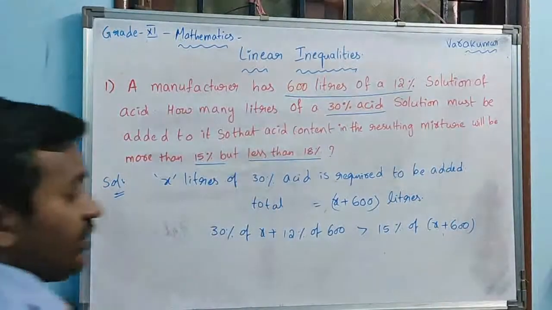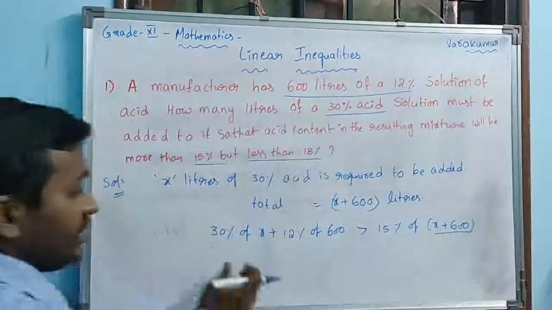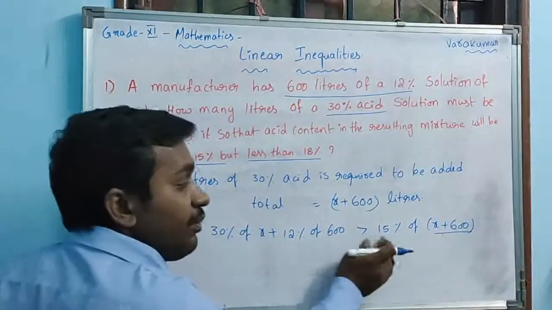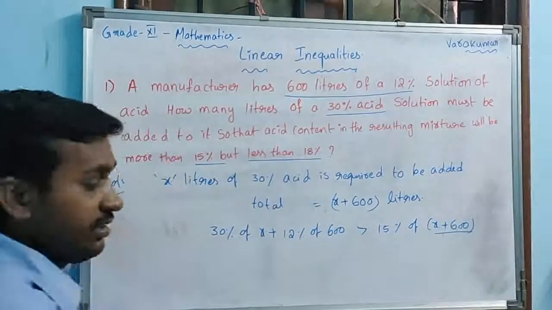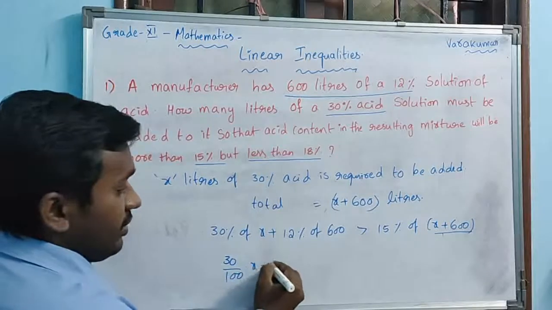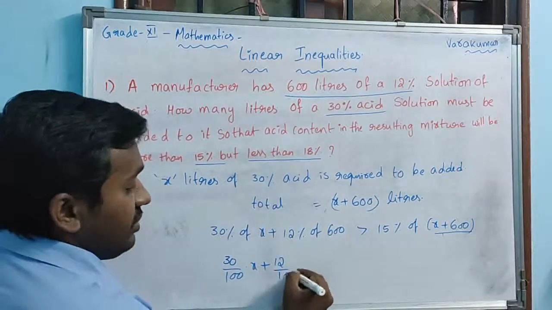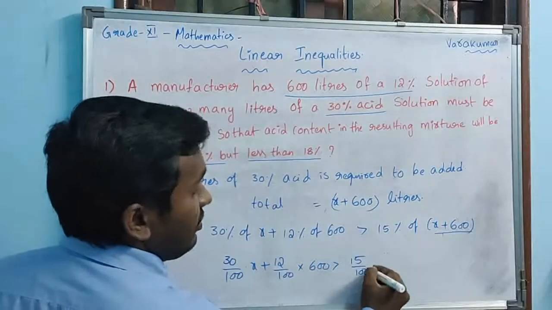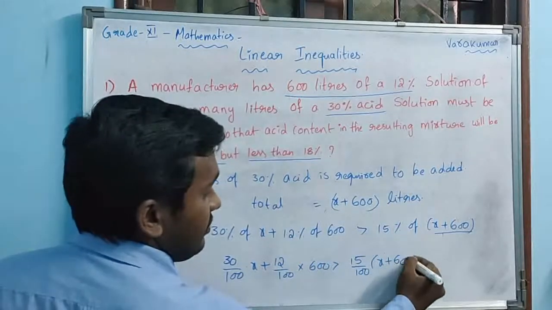So why did you get X plus 600? Already I explained to you. So now 30% of X, if you add it to the 12% of 600, it will be more than 15% of X plus 600. So 30 by 100 into X plus 12% of 600 is greater than 15% of X plus 600.